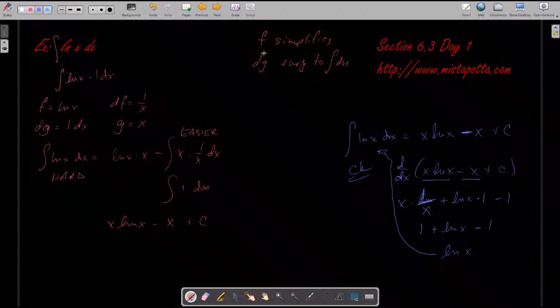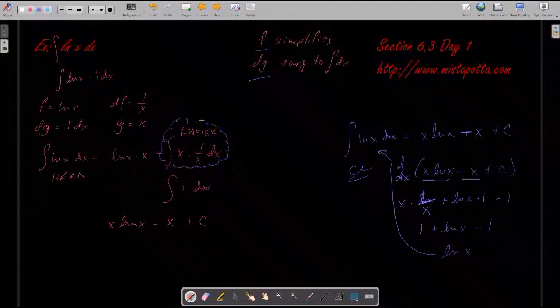If I can identify those, I'm always going to end up with something that's an easier integral, something that I should be able to take very straightforwardly. So I've got one last example I want to do. Let's take the antiderivative of sine inverse x.